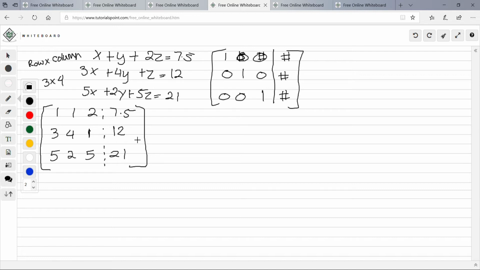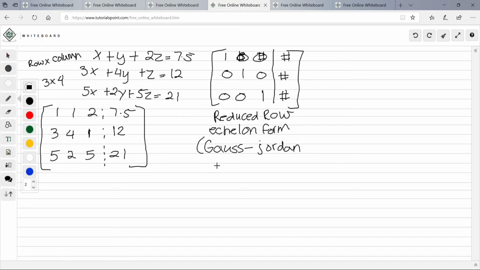This is what's called reduced row echelon form, also known as Gauss-Jordan elimination. And this is all in linear algebra.